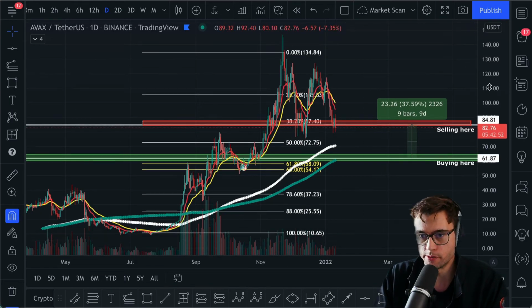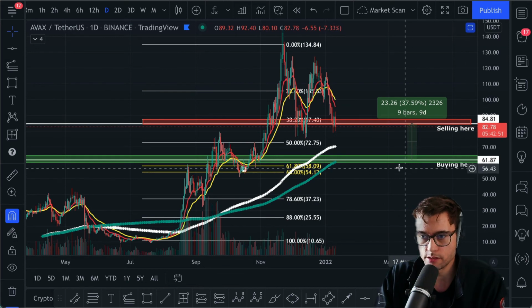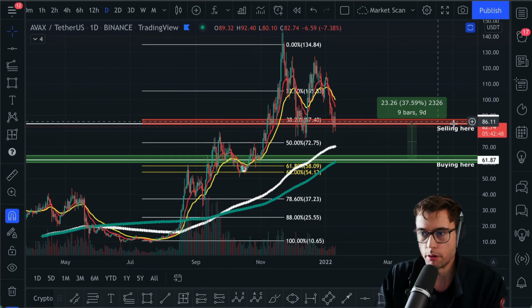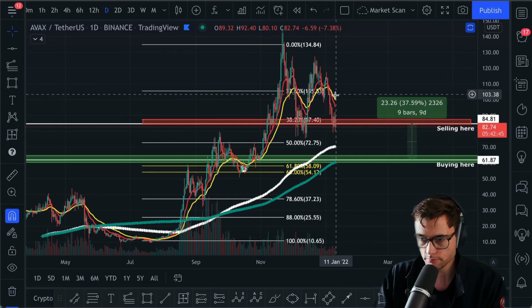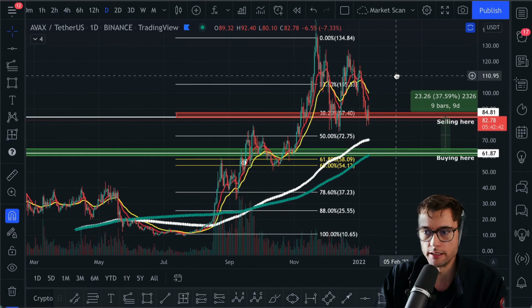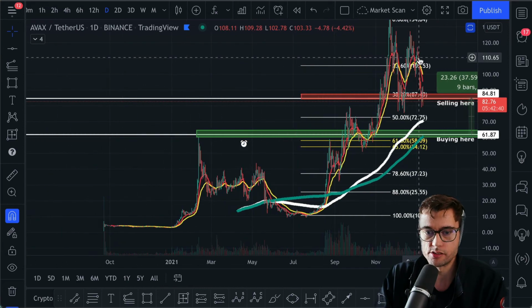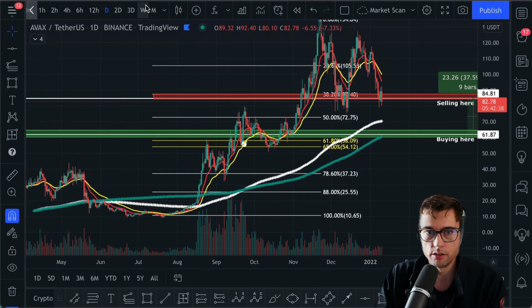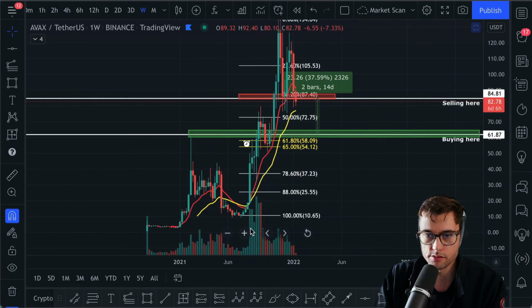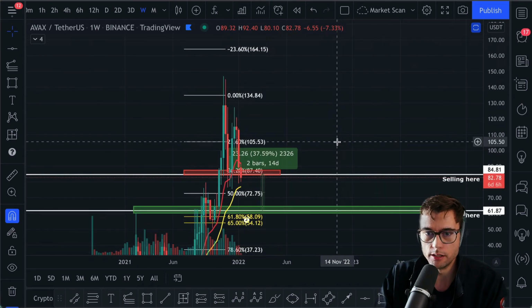AVAX is a super popular coin, and I'm going to be buying it at $61, $62, and I'm going to be selling it at $84. So that's a 38% gain right there, and this is something that I am definitely going to be buying.